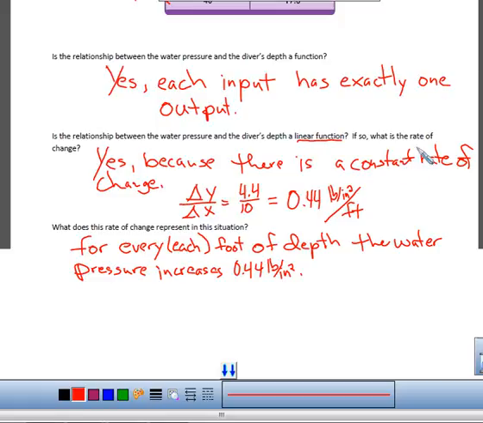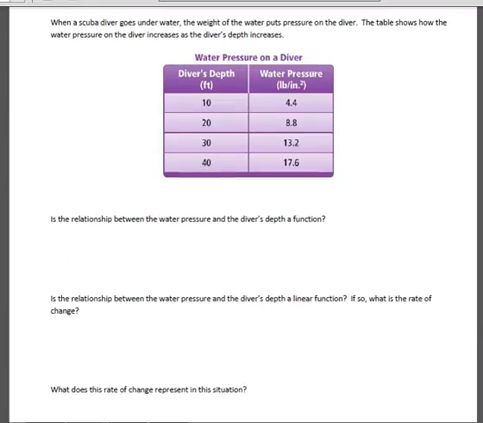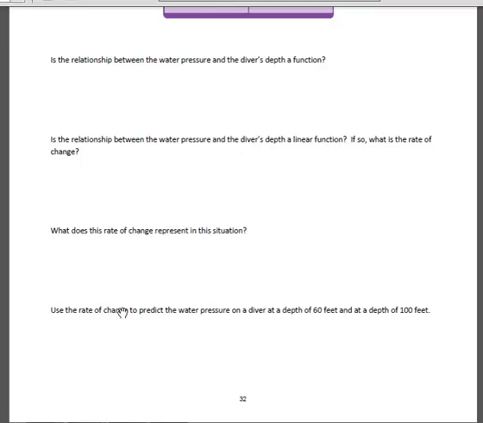Okay, so there's one more question, and actually I'm going to let you answer this on your own. Use the rate of change to predict the water pressure on a diver at a depth of 60 feet and a depth of 100 feet. There's two answers there.